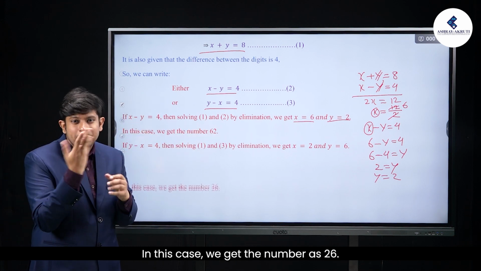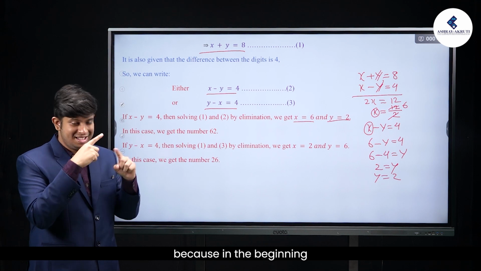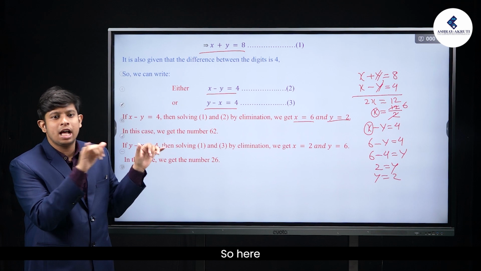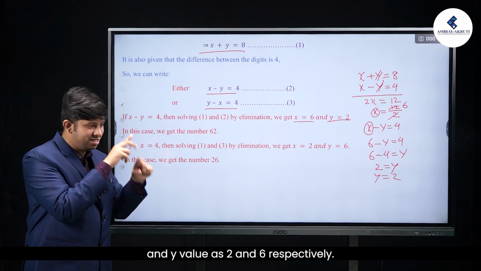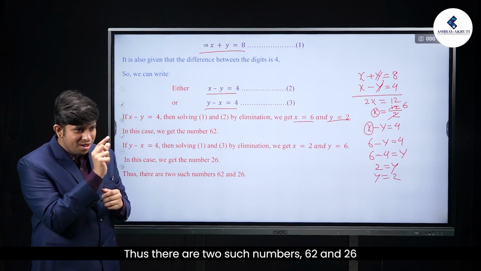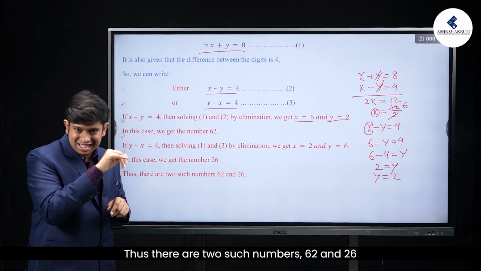In this case, we get the number as 26. So here we got the x and y values as 2 and 6 respectively. Thus, there are two such numbers, 62 and 26.